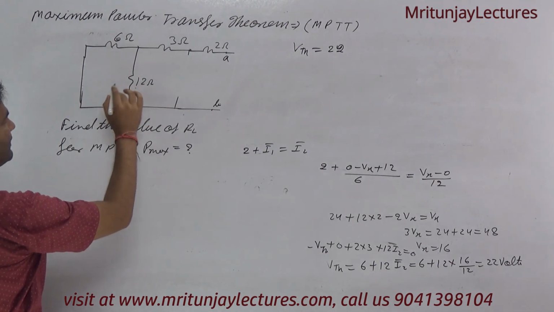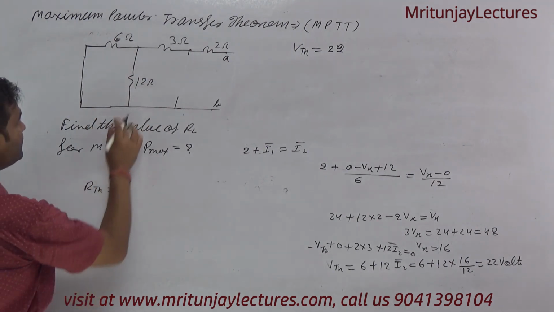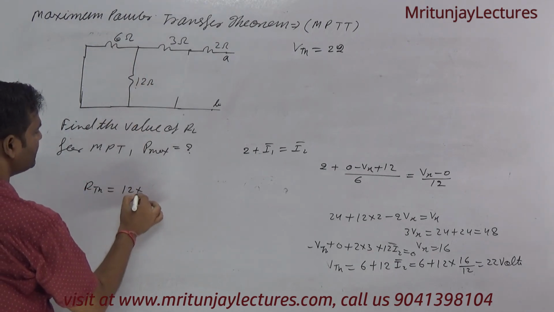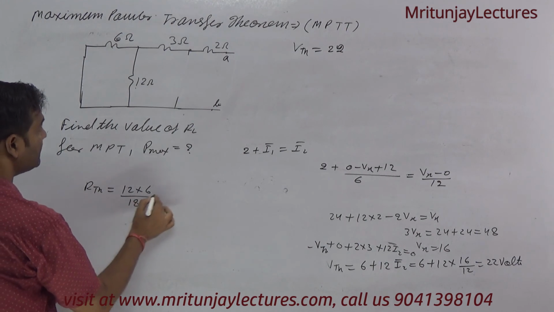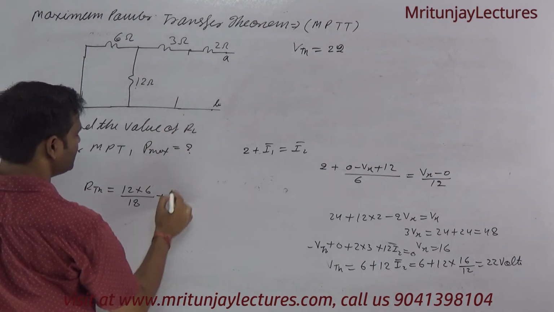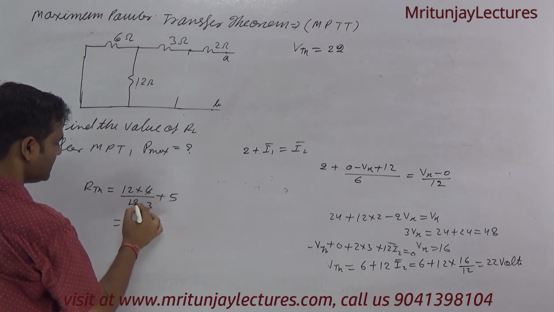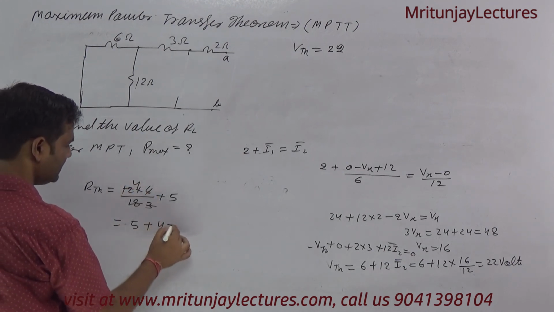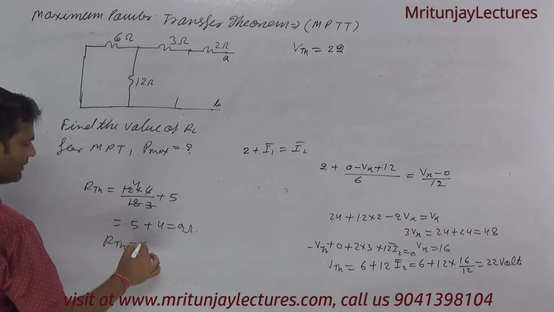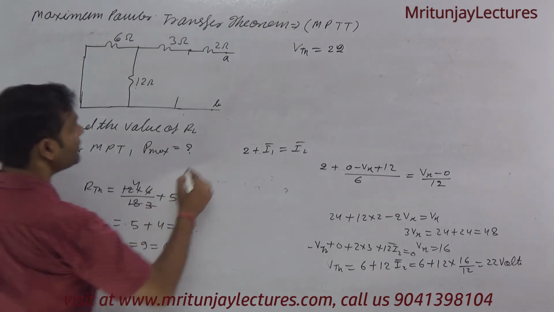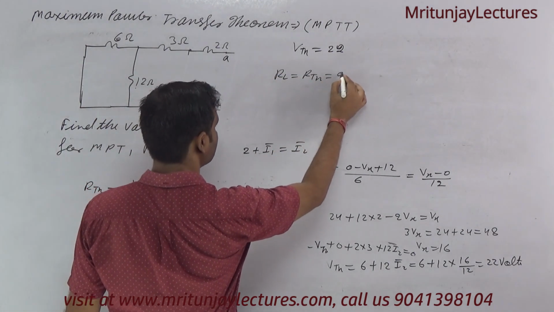This one is in parallel, so RTH is 12 into 6 divided by 18, plus 3 plus 2, that is 5. So 4 plus 5, that is 9 ohm. So RTH is 9 ohm, and RL equals RTH, 9 ohm.